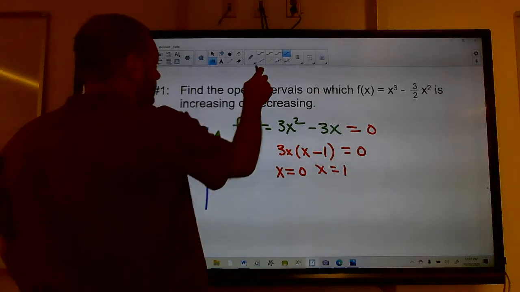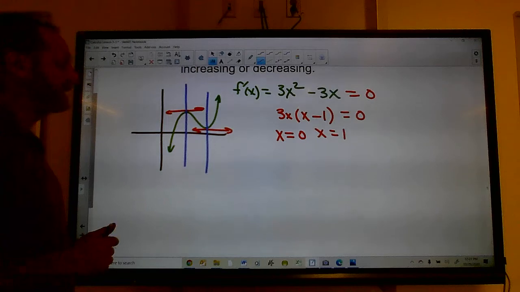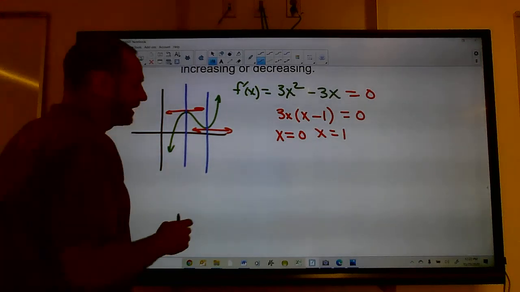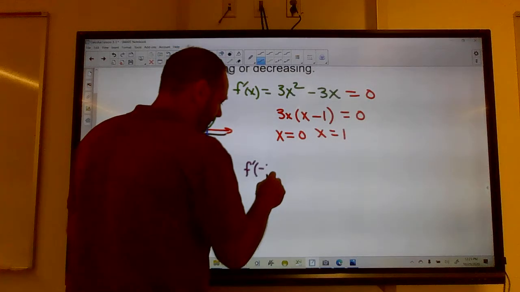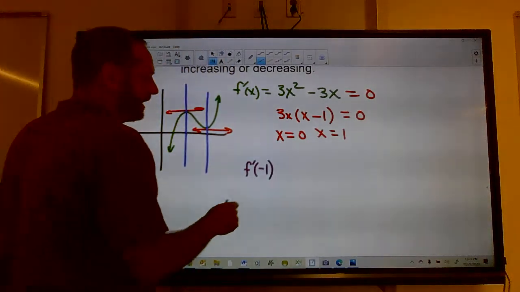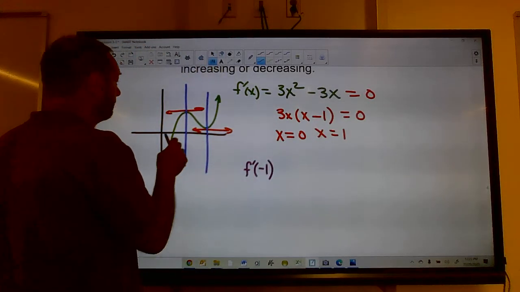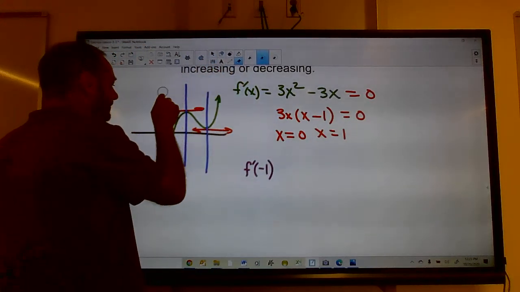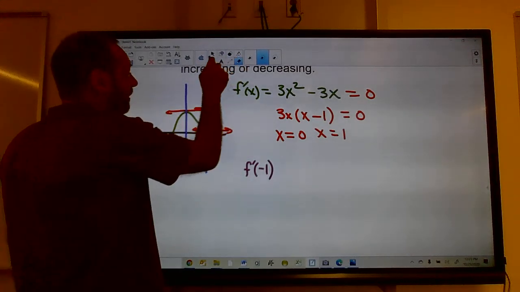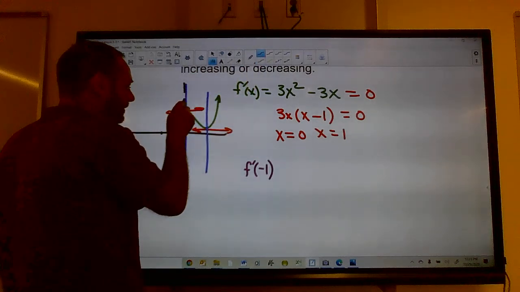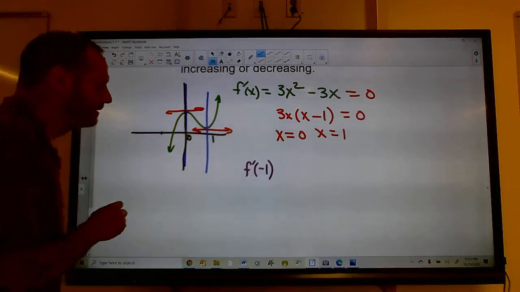It doesn't matter what point I pick, I just have to pick a point. So I'll pick something easy. I'm going to find f prime of -1. By the way, this graph isn't exactly correct, because this right here is 0 and this is 1.